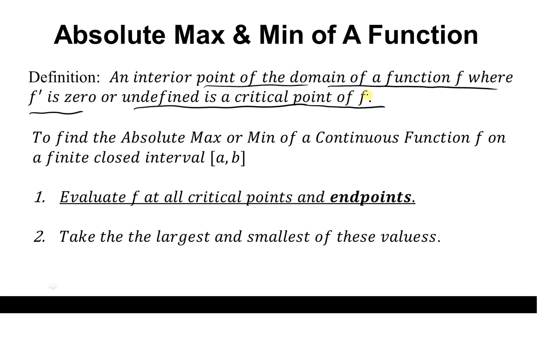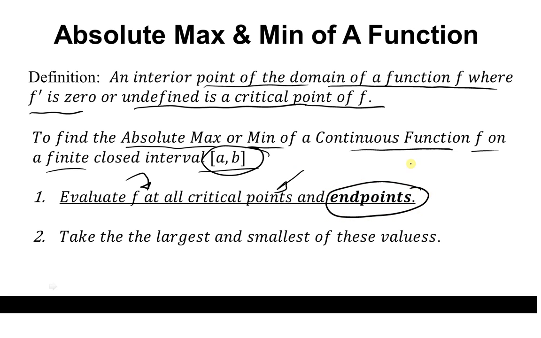Now here is the procedure we're going to use to find the absolute max or min of a continuous function f on a finite closed interval. In other words, f is defined on an interval between a and b. You want to evaluate the function f at all critical points and all endpoints.